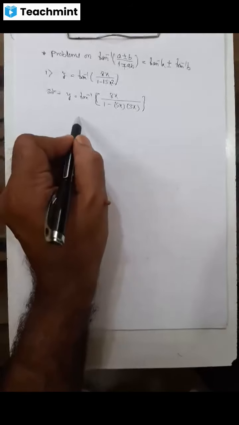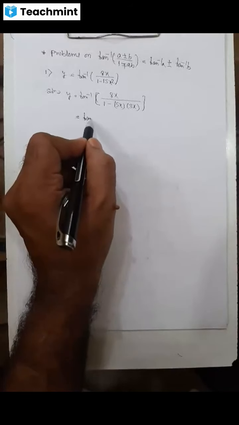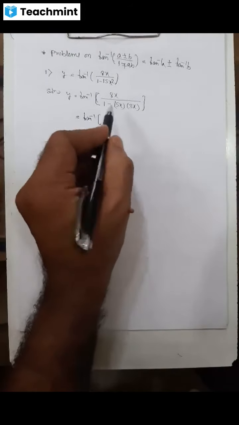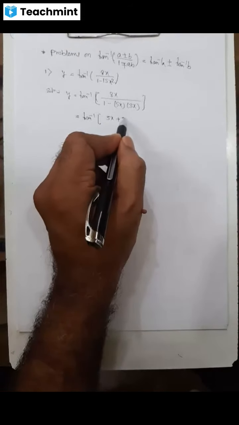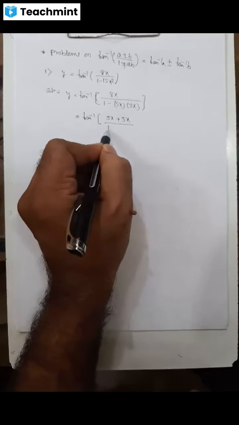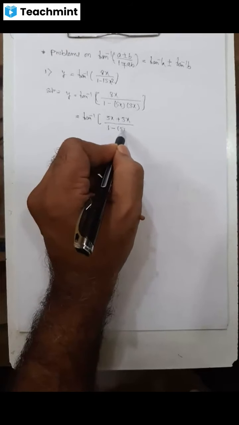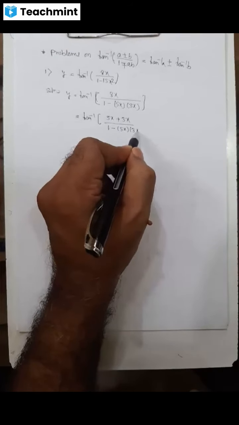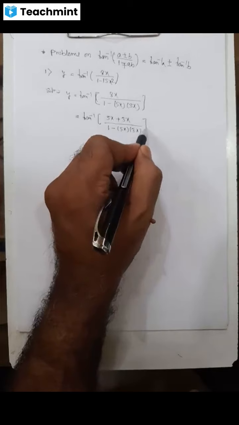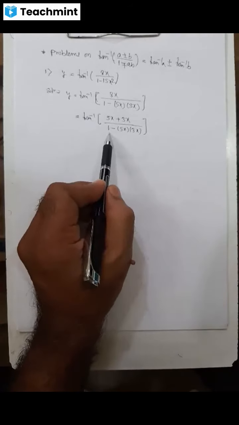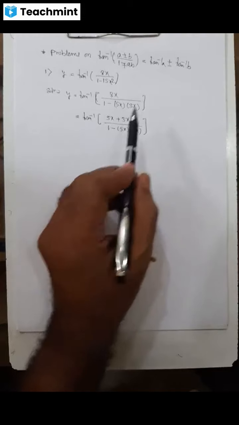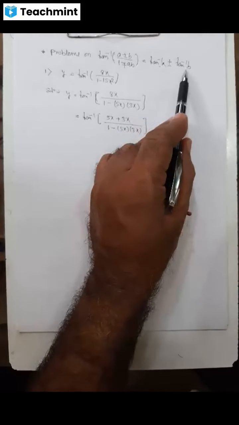So I write tan inverse of (5x plus 3x) divided by (1 minus 5x into 3x), and this is in the form of the formula. Which formula? Tan inverse of (a plus b) divided by (1 minus a into b), and we know the formula: tan inverse a plus tan inverse b.